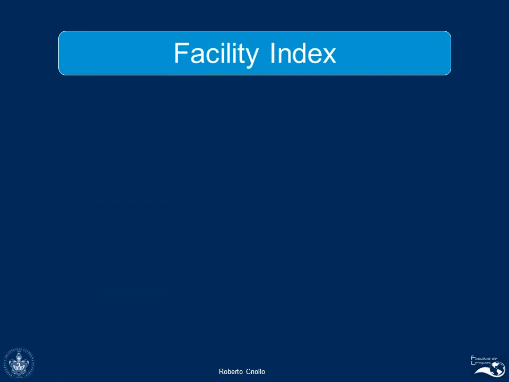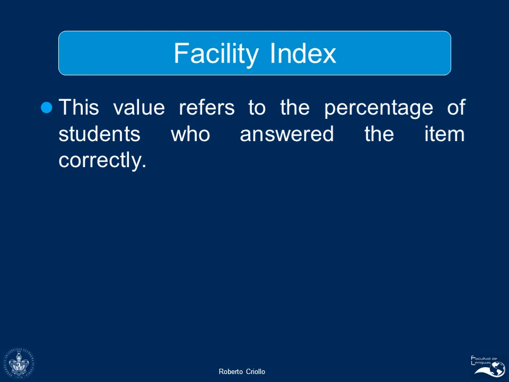Now the first thing that we're going to calculate is the facility index. We need to see what is the level of difficulty of our items to make sure that they have a reasonably high level of difficulty, but they can also show us some important information about the competencies of our test takers.